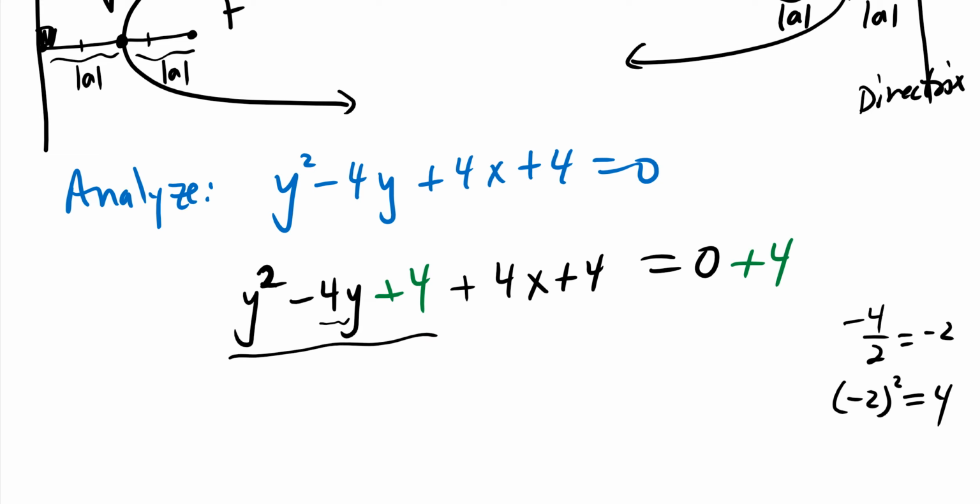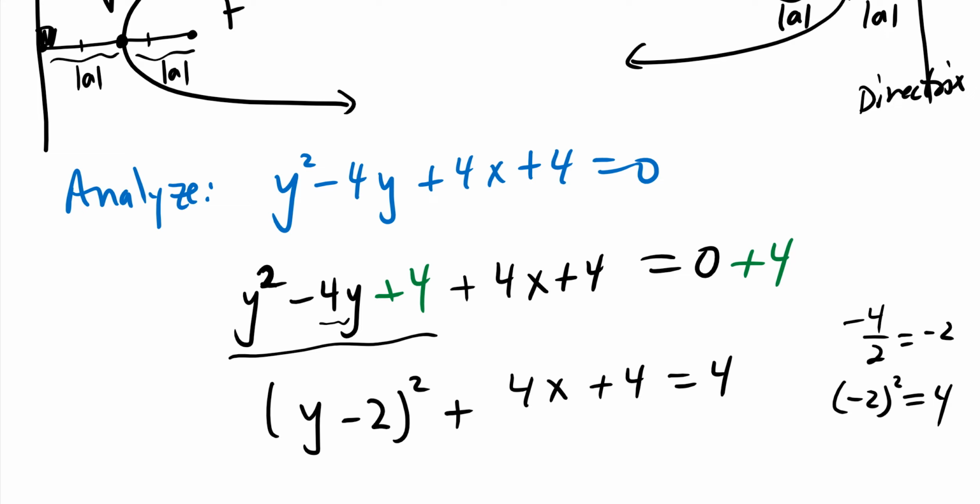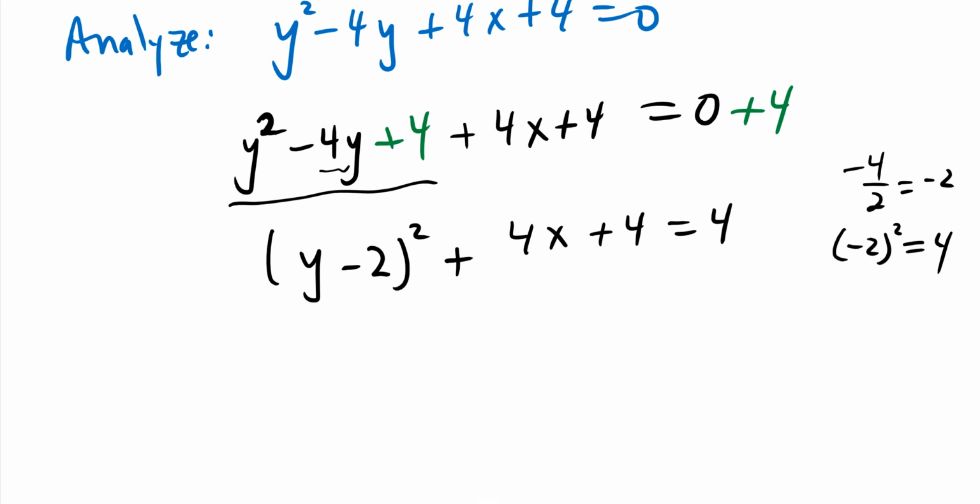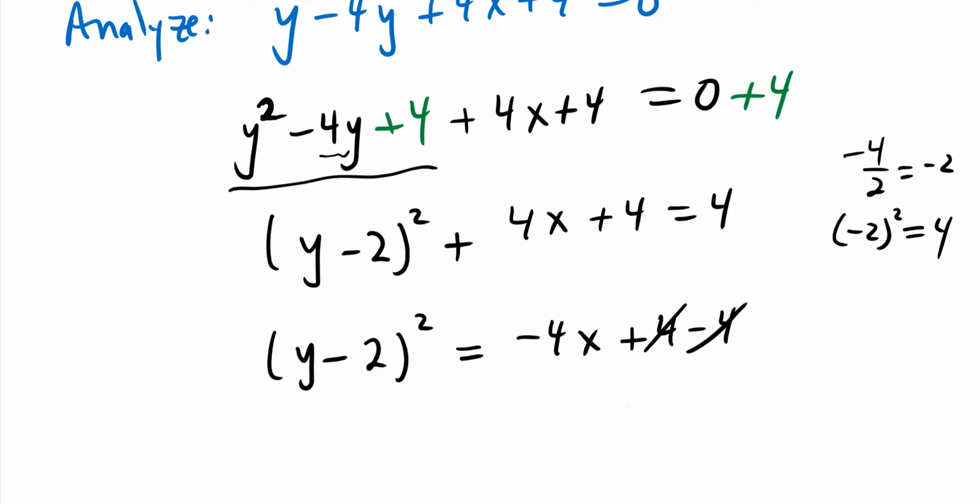So let's see what we get. That's y minus 2 squared, 4x plus 4 equals 4. But remember how the equation always looked: something squared equals something. So I'm going to subtract 4x on both sides and also subtract 4 on both sides. These cancel out.